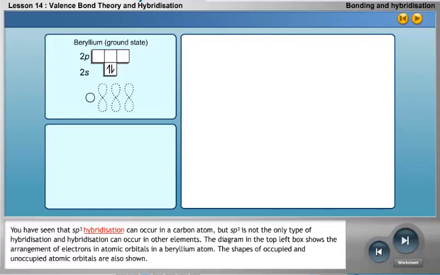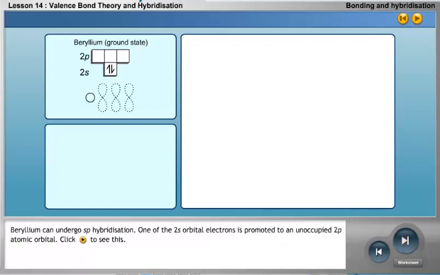The shapes of occupied and unoccupied atomic orbitals are also shown. Beryllium can undergo sp hybridization. One of the 2s orbital electrons is promoted to an unoccupied 2p atomic orbital. Click the forward button to see this.